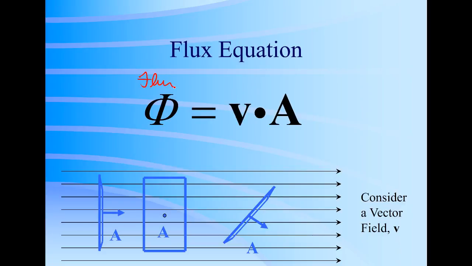So flux is the dot product of two vectors, V dot A. Now they're in bold type on my screen here, but just to be clear, V and A are both vectors, and flux is a scalar. A scalar can be positive or negative, but it comes from the dot product of two vectors.